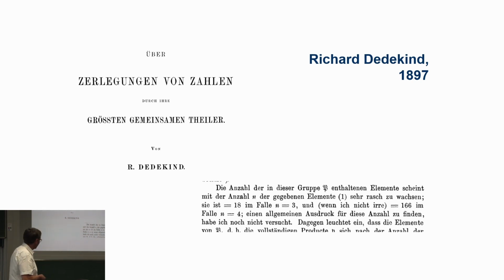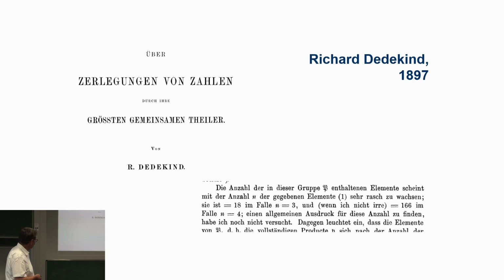And I'll explain what the two extra elements are actually in those sets. So, as you see, wenn ich mich nicht irre, he needed already some effort to compute this 166. It's not hard, but it's certainly not trivial either.